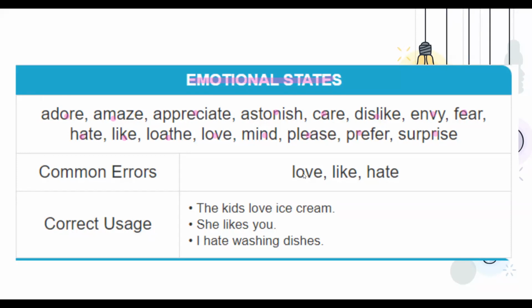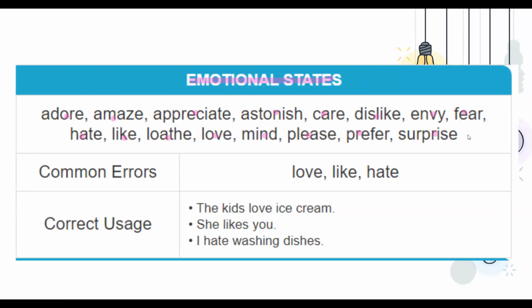So we cannot say, I am loving, or you are liking, or she is hating. No ing, no present continuous, only present simple. The kids love ice cream, she likes you, I hate washing dishes, for example.